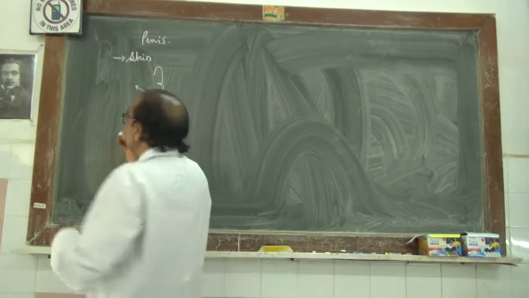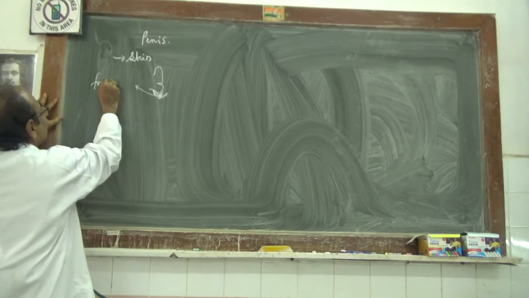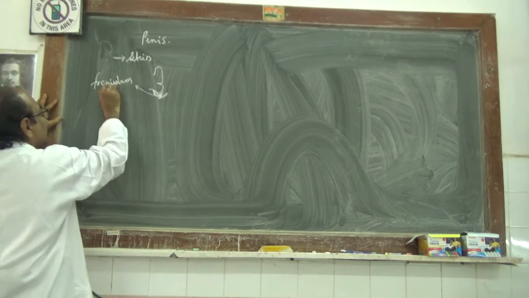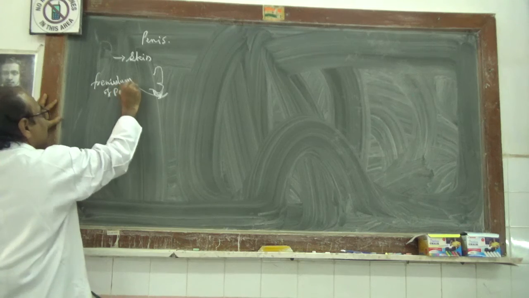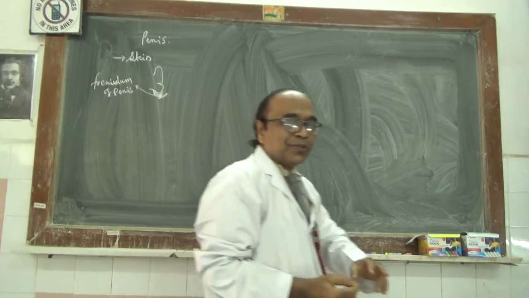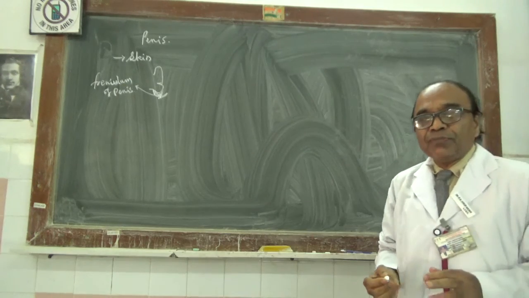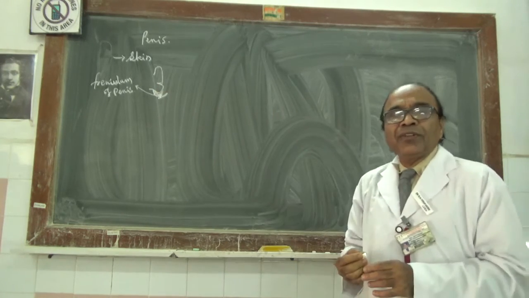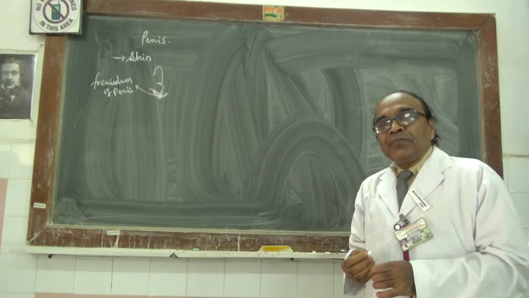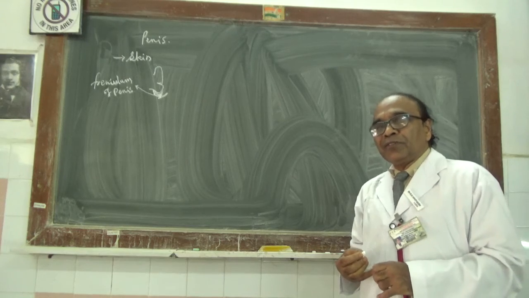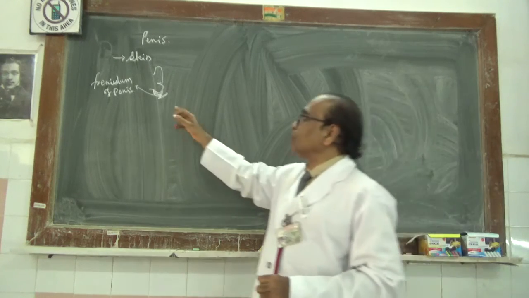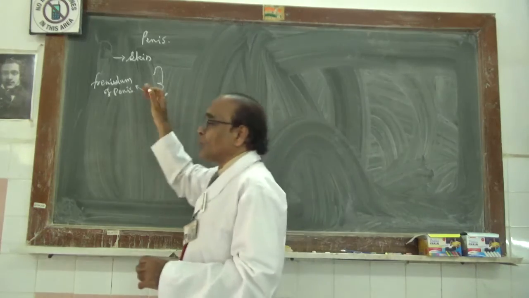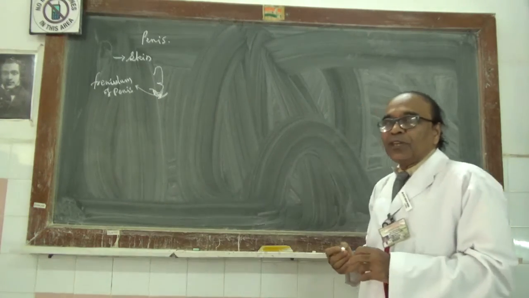This is called the frenulum of the penis. Now this frenulum is very important. On either side of this there are small fossae where the smegma or the semen is collected. At the time of circumcision it has to be cut. So this is what you will be having.